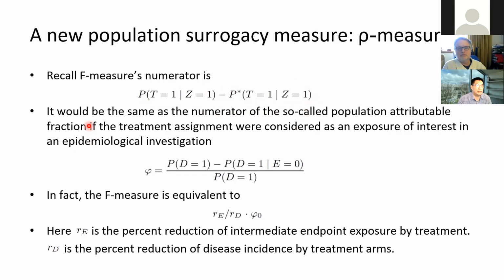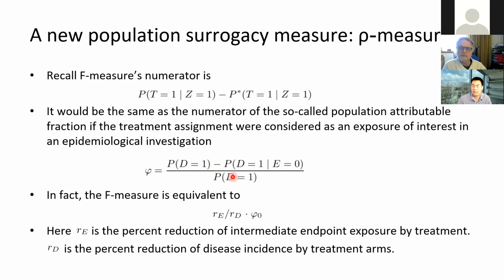So it would actually be the same as the numerator of the so-called population attributable fraction if the treatment assignment were considered as an exposure of interest in an epidemiological investigation. So this is the population proportion of attributable fractions. If you look at the numerators, they are almost identical.